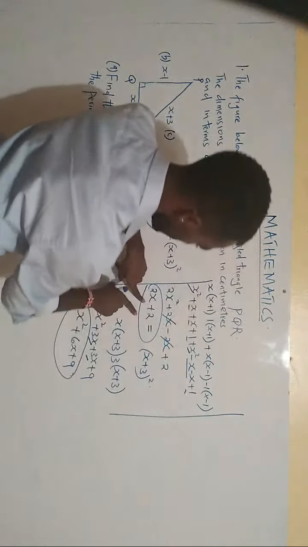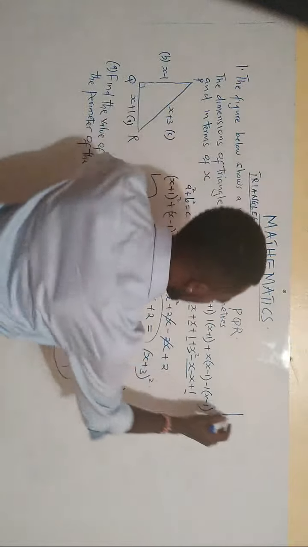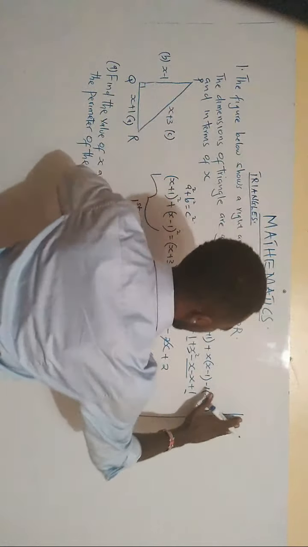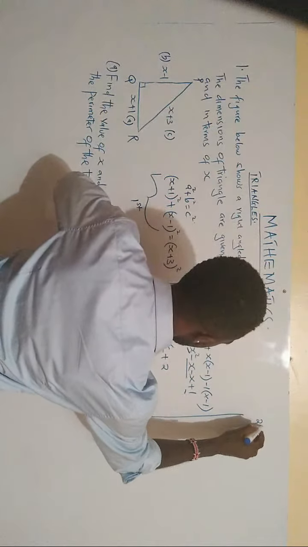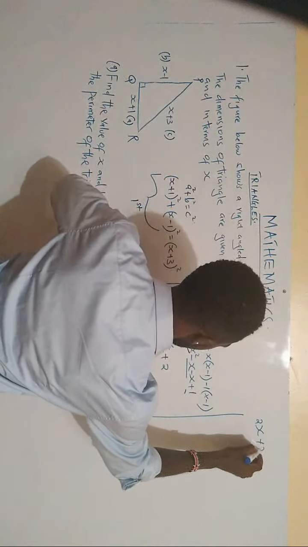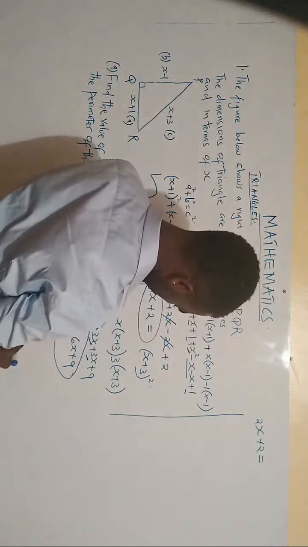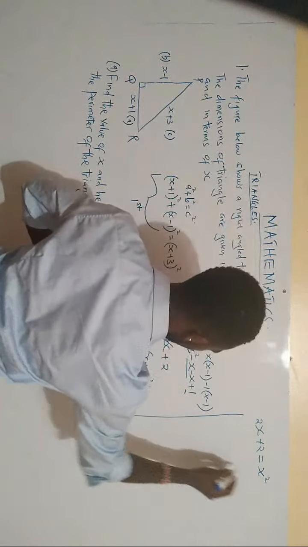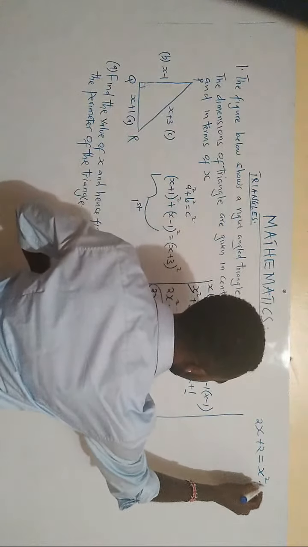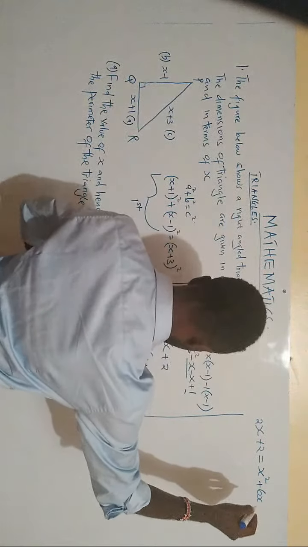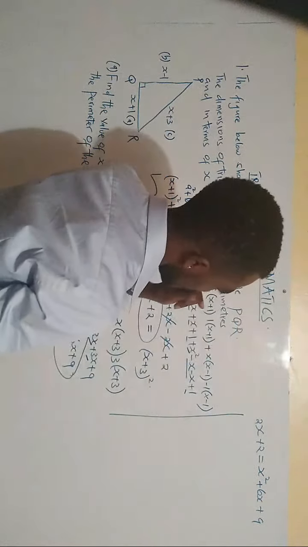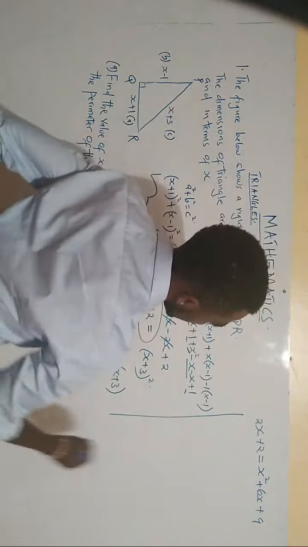Now we can pick up where we left off. 2x squared plus 2 is equal to what we have gotten here, x squared plus 6x plus 9. Then we put like terms together.